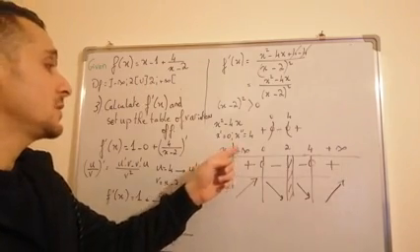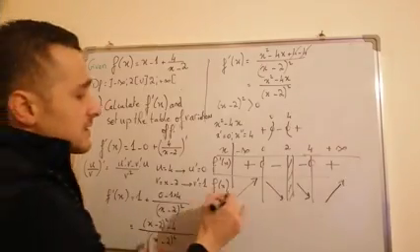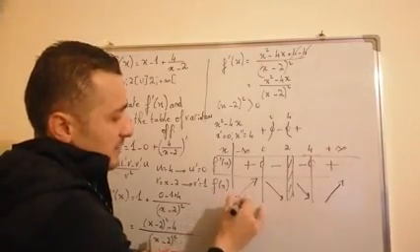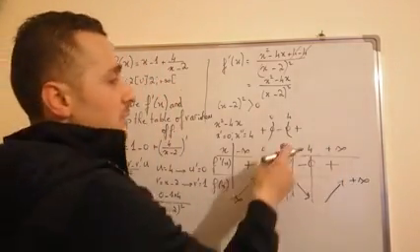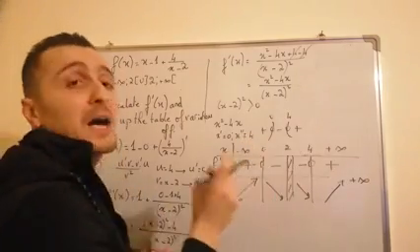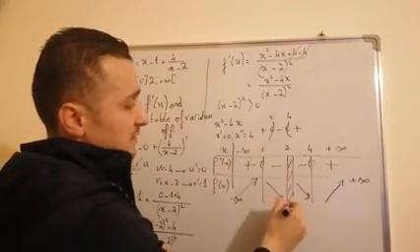We can copy the limit when x approaches minus infinity. It's minus infinity. When x approaches plus infinity, it's plus infinity. When x approaches 2 from before, I mean 2 minus, it's minus infinity.